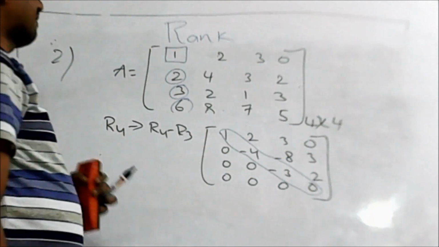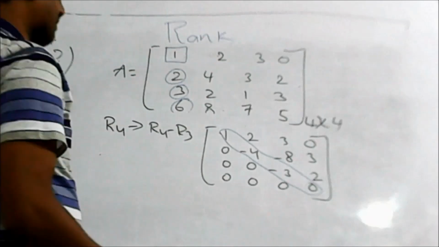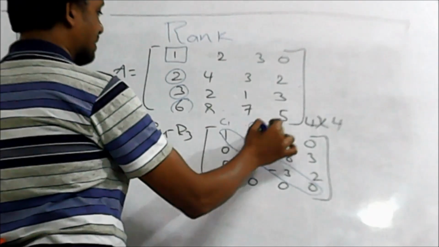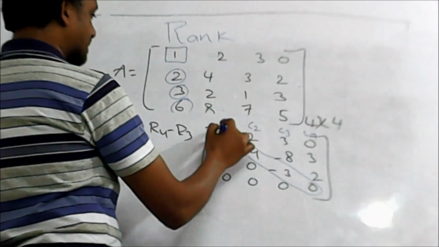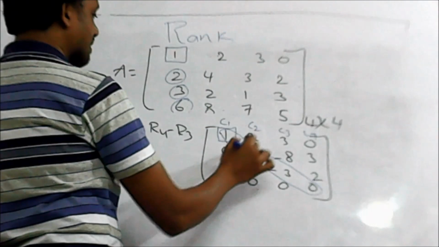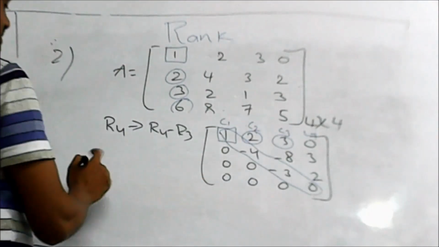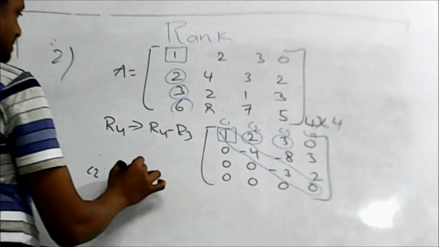Now we know the rank. So we need to convert into I3. Rank is 3. We need to convert into I3. How to convert? Now we apply column transformations. C2, C3, C4. So we need to take the first diagonal and make these remaining two as zeros. What is that operation? C2 minus 2C1.